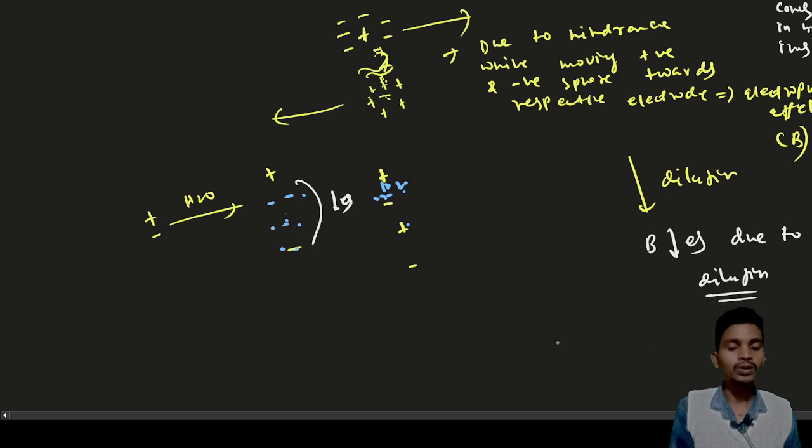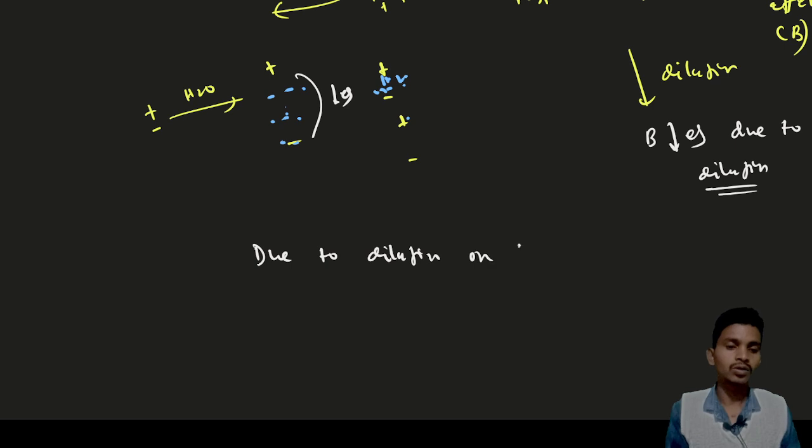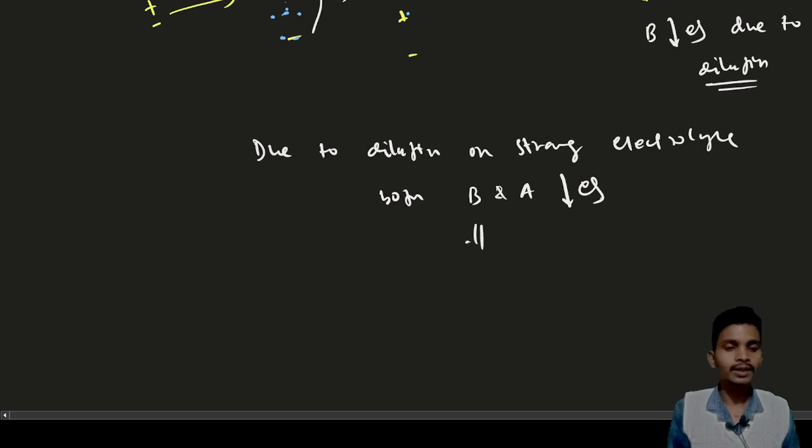Okay. So due to dilution on strong electrolytes, both B, that is the electrophoretic effect, and the asymmetric effect decrease. So if they decrease, then conductance will increase.